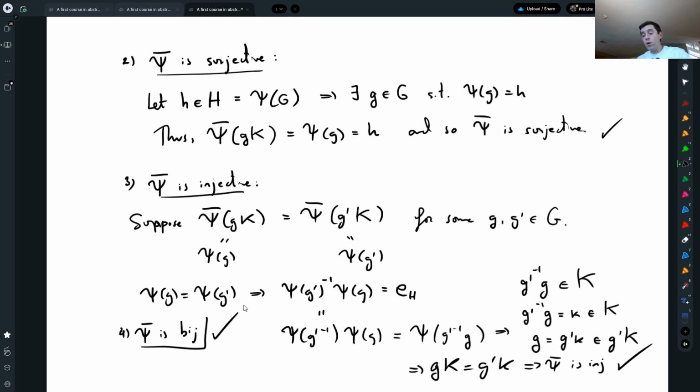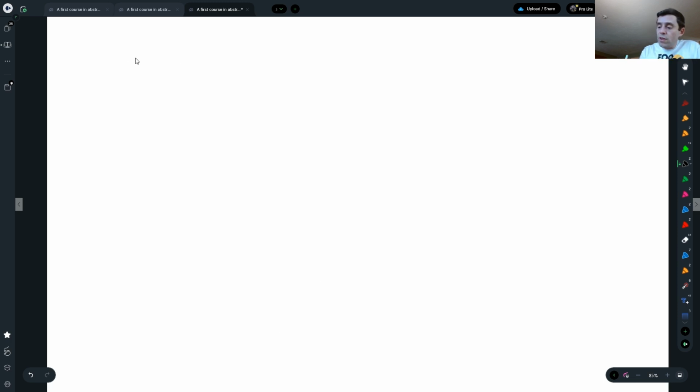Okay, so that shows that psi bar is a bijection. And therefore, we only need to prove that psi bar respects group structure. So let's do that now. Let's prove that psi bar respects group structure.